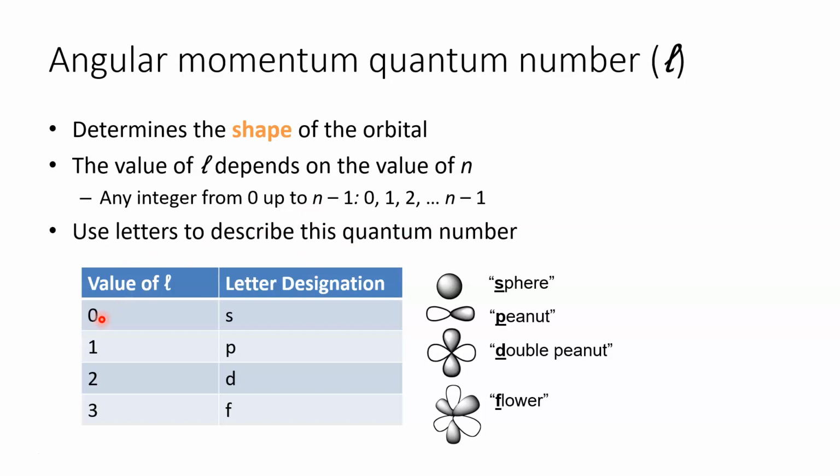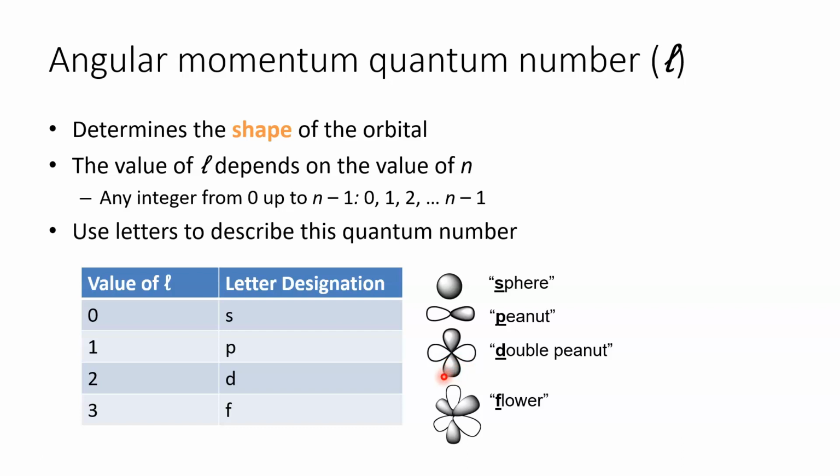And so the value of L corresponds to a letter designation. If it's 0, then our letter is S, and we call that a sphere. If the value of L is 1, it's a P, and it looks like this, and this is just a mnemonic here. You can come up with your own, but it's a peanut. 2 is the D orbitals, and they look like this kind of, and they say double peanut.